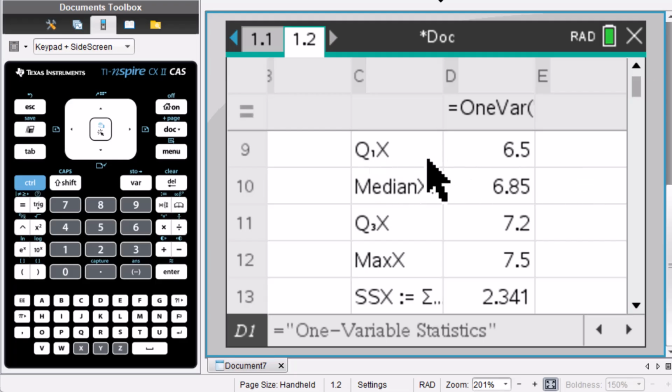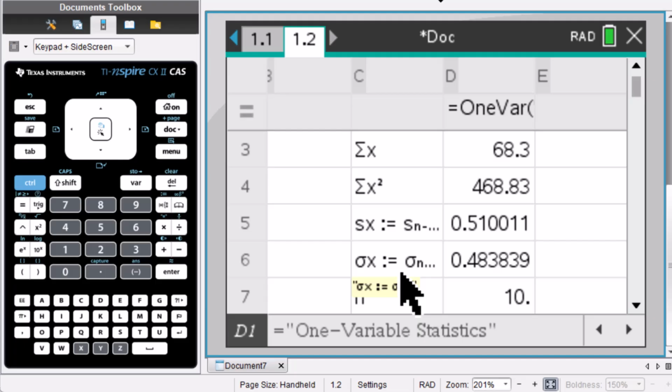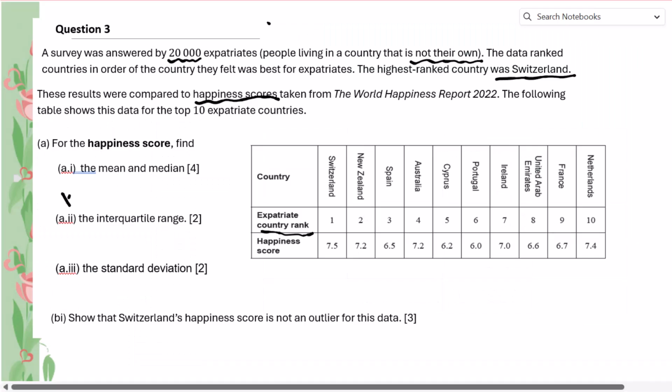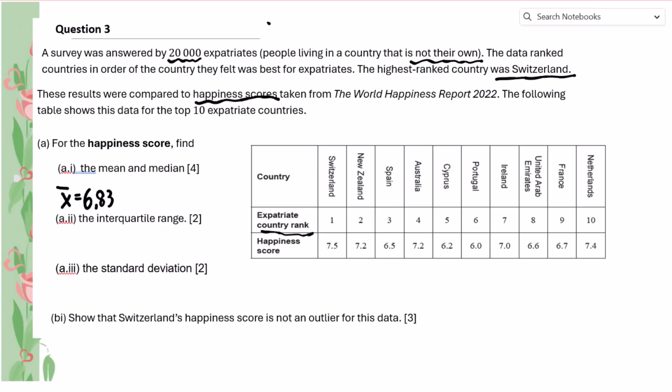First quartile is 6.5. Median is 6.85. The standard deviation is 0.484. Mean is 6.83. So we got mean equals 6.83.